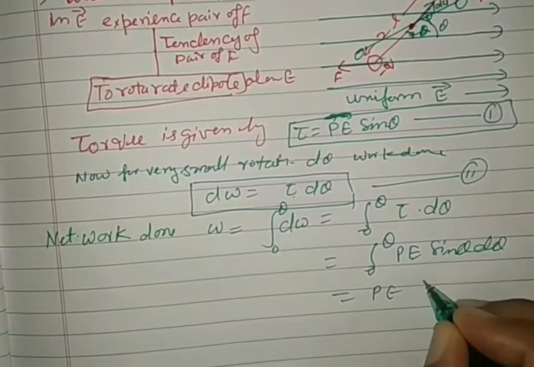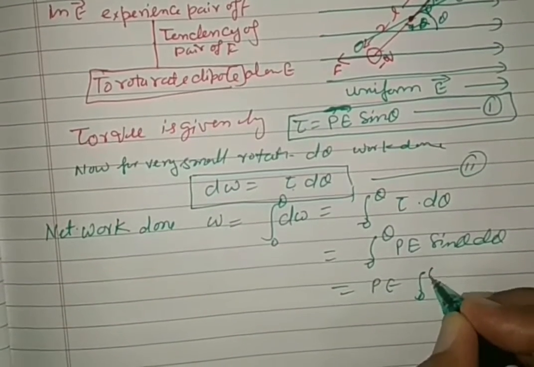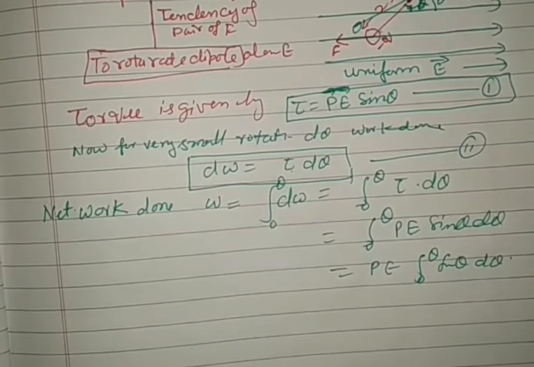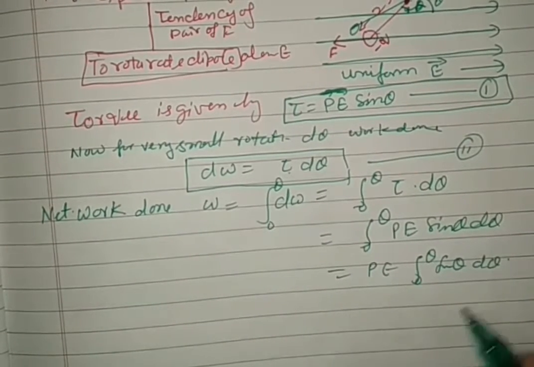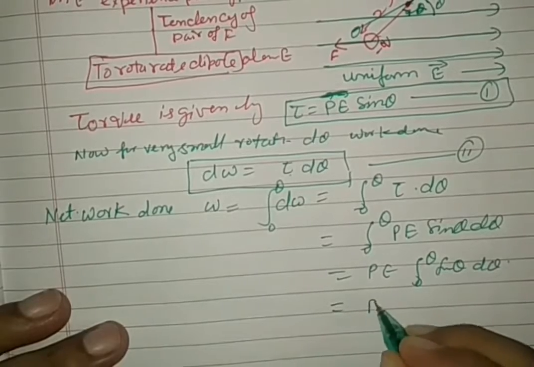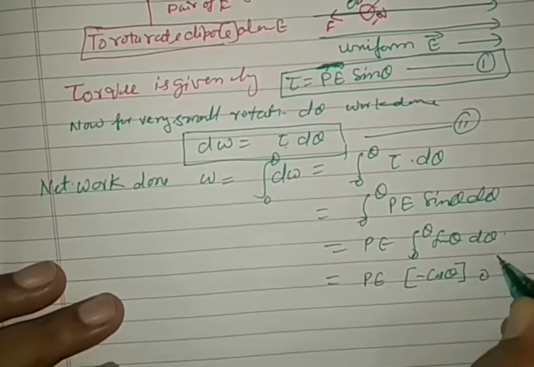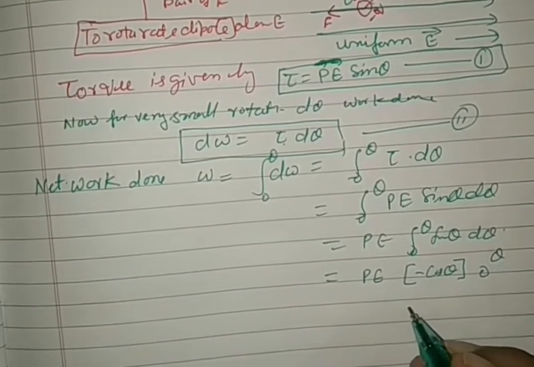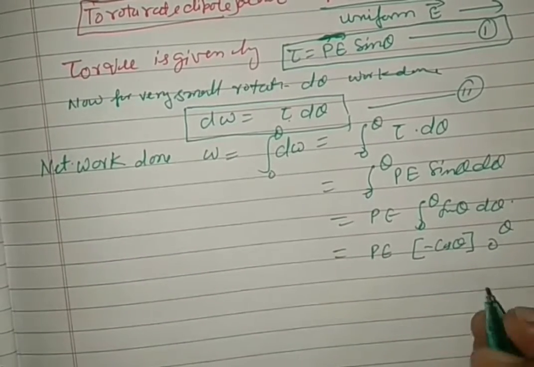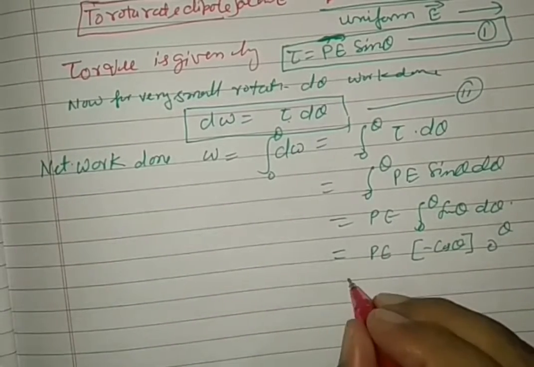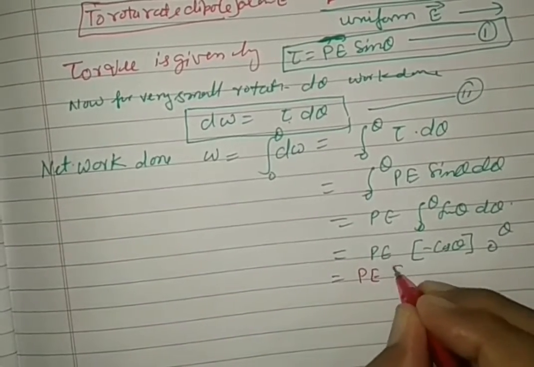P is outside, it is 0 to theta sin theta d theta. Since we know that the integration of sin theta is minus cos theta from 0 to theta. Clear it is?